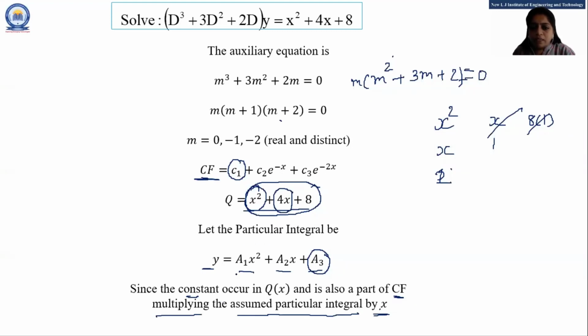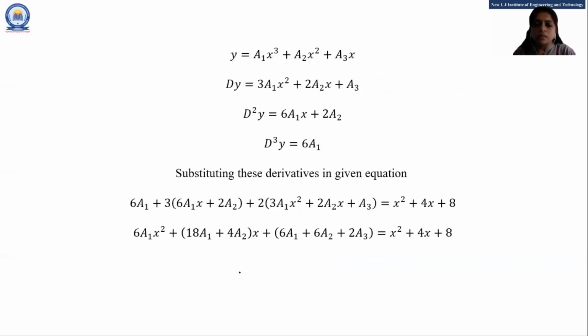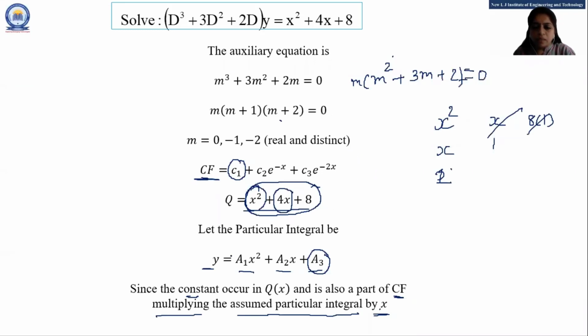If we multiply this by x, our new assumed particular integral is a1 x cube plus a2 x square plus a3 x. Multiplying by x, this becomes x cube, this is x square, and this one is the x term. Now there is no common term between the new assumed particular integral and this CF.